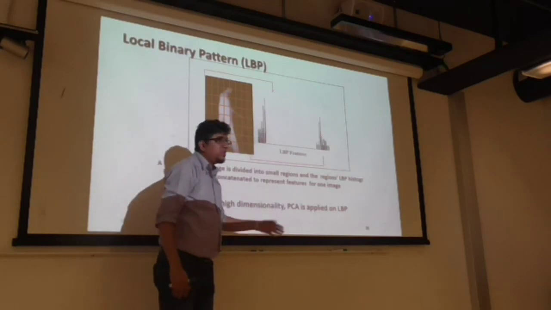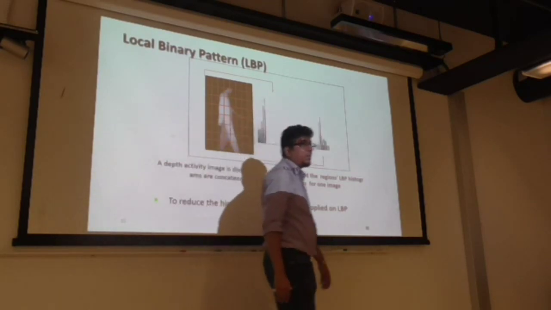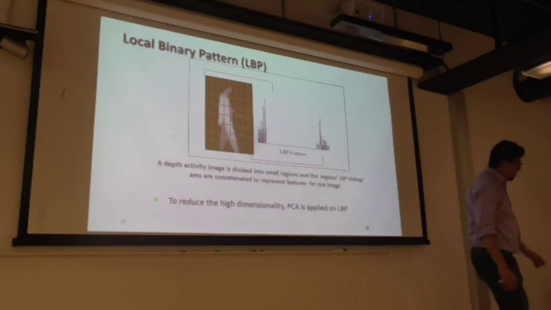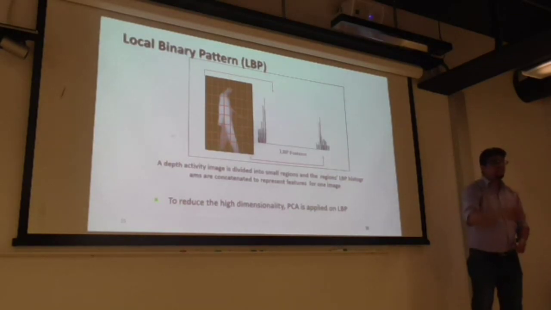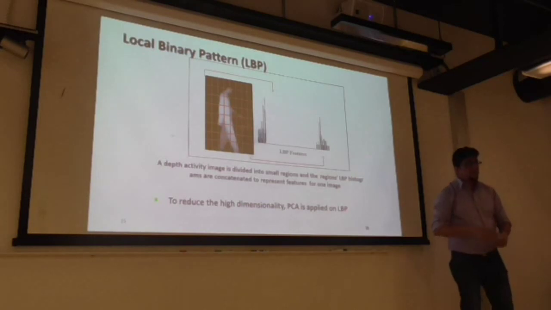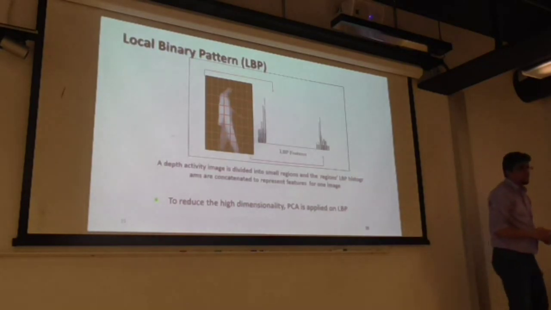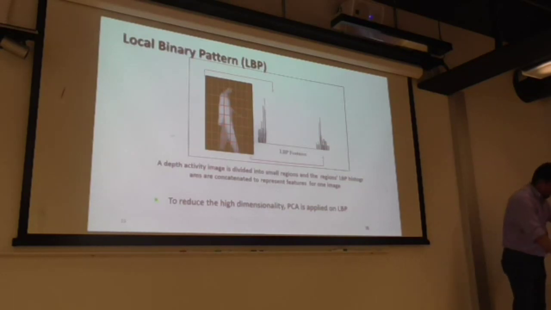So LBP features basically find the local binary pattern, and then find the histogram. You understand the histogram, right? The frequency of that value, in the whole image or in some blocks. So find a binary pattern, find the corresponding decimal number for it, and find the histogram for that. That's basically local binary pattern.